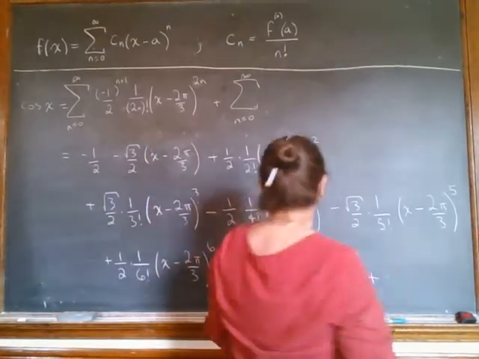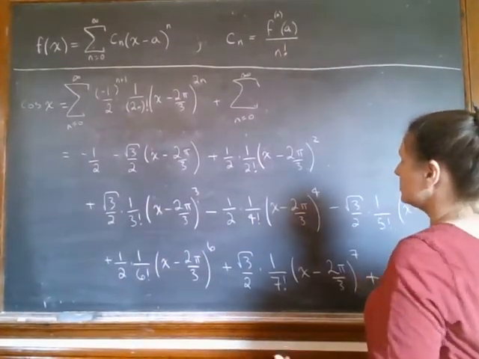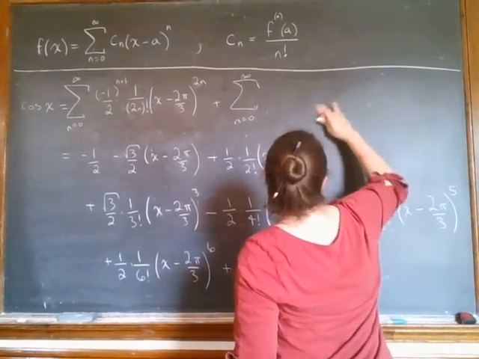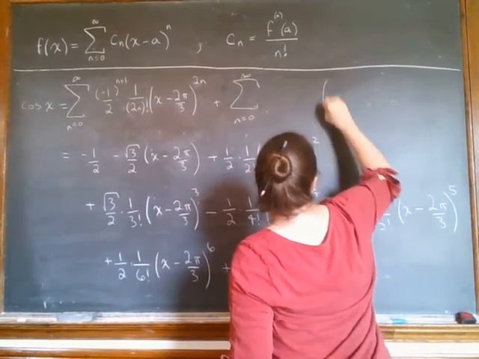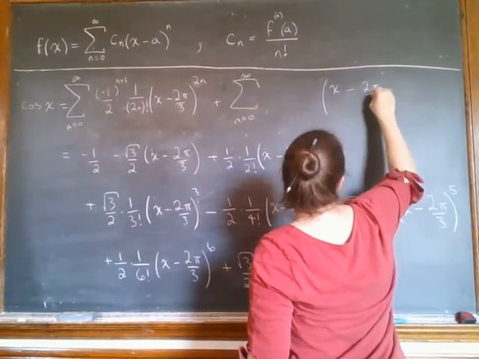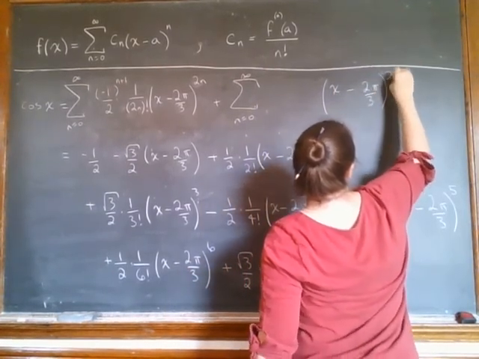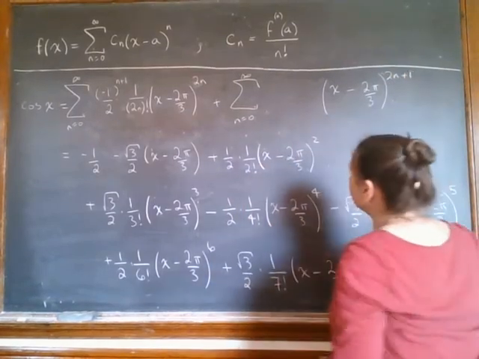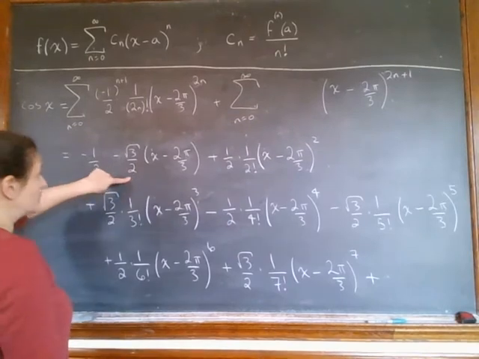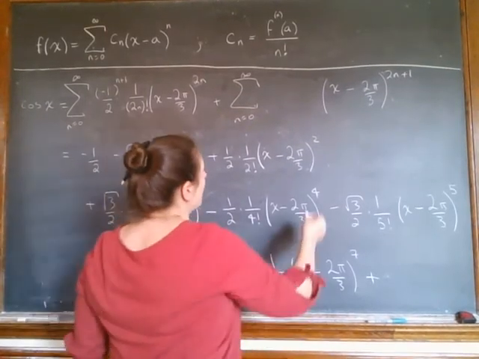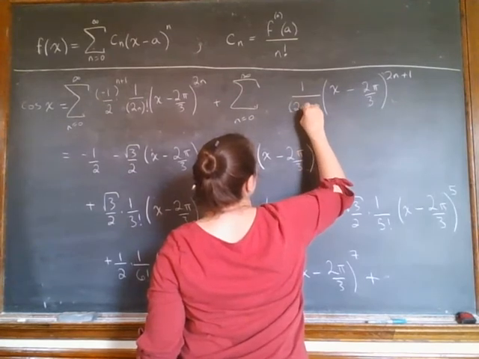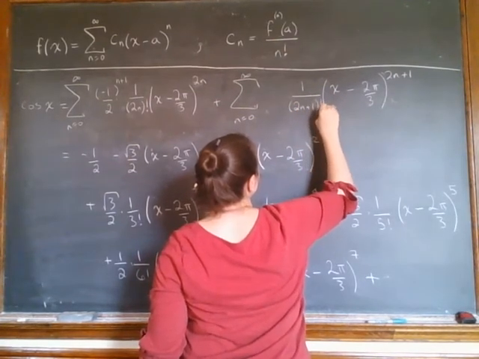But in the odd terms, I'm going to do the same as I did the even terms. I'm going to leave a lot of space so I can write it. x minus 2 pi over 3, and I'm going to start with 2n plus 1 because I'm starting from n equals 0. I want my first term to be 1. I know I have to have the 1 over 2n plus 1 factorial.